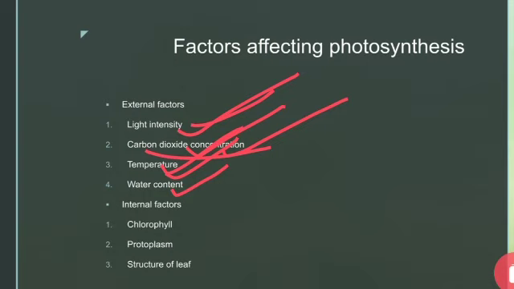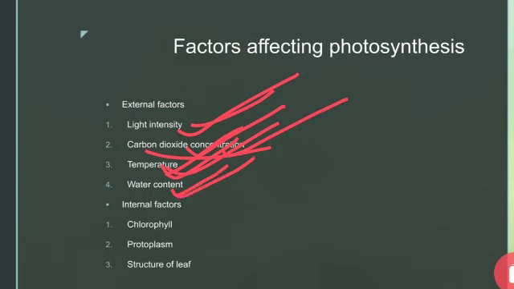But if the temperature increases or exceeds the optimum temperature, then the enzymes get destroyed and the process stops at that point. That means the photosynthesis process takes place within a range of temperature.